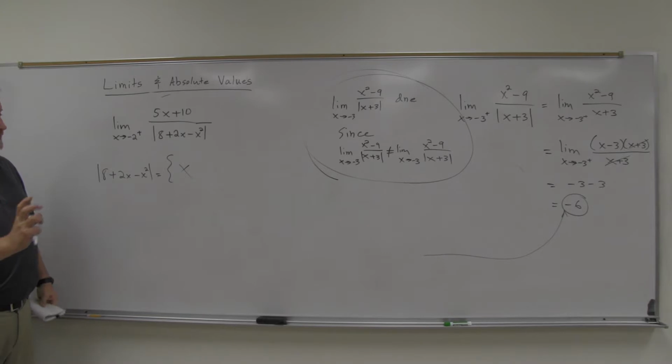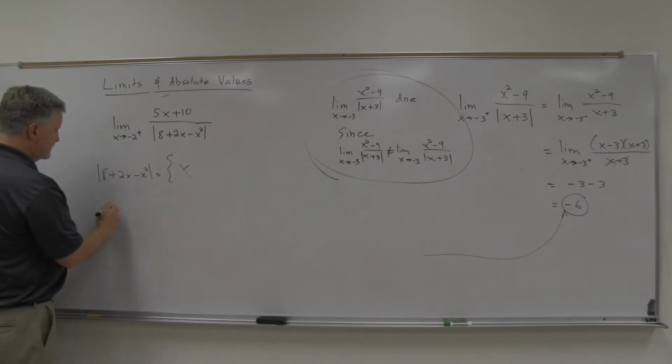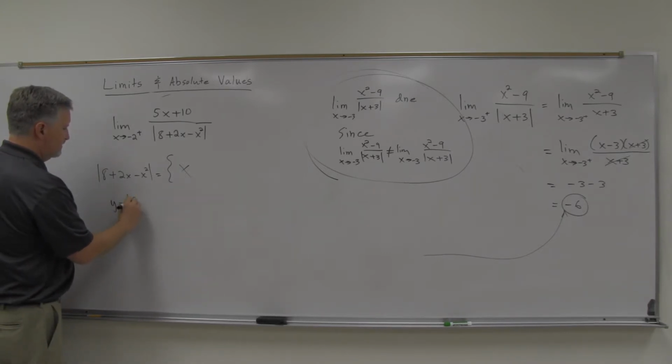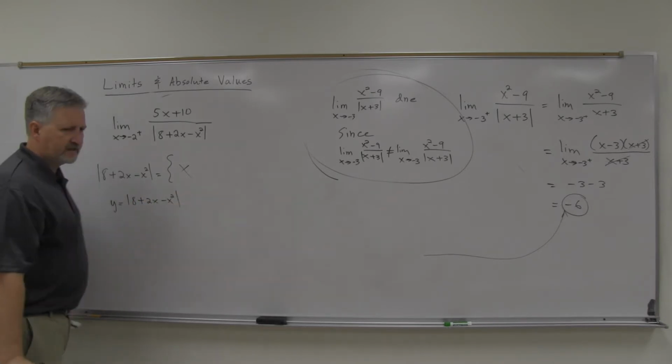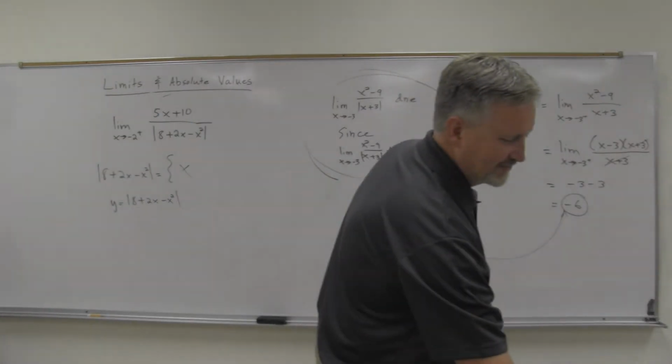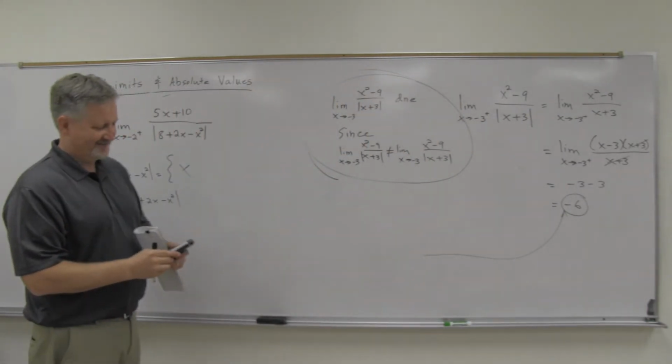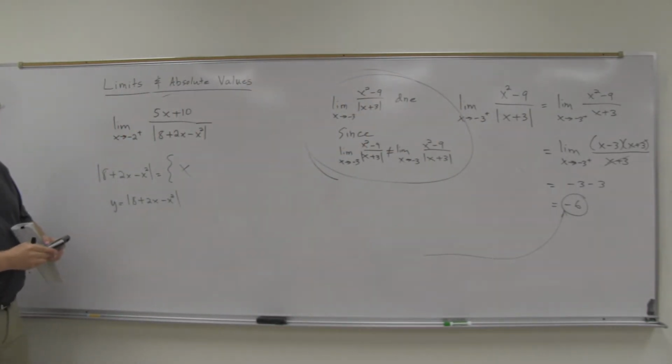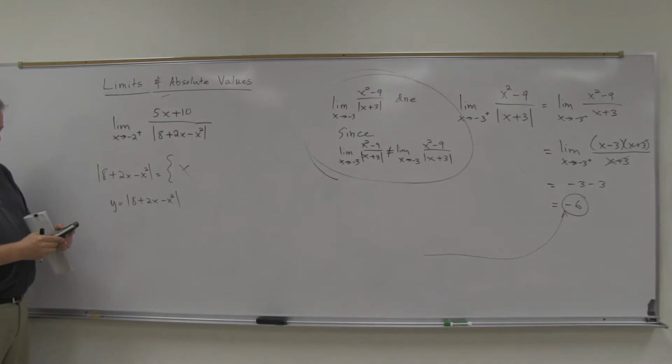What I might want to do is just look at the graph here. So let's graph y equals the absolute value of 8 plus 2x minus x squared and see what we can glean from that. All right, so now it's ABS of 8 plus 2x minus x squared.